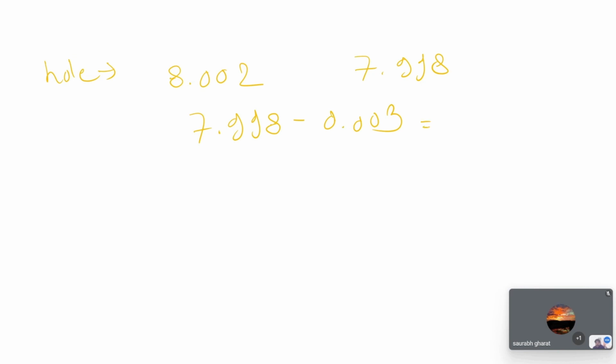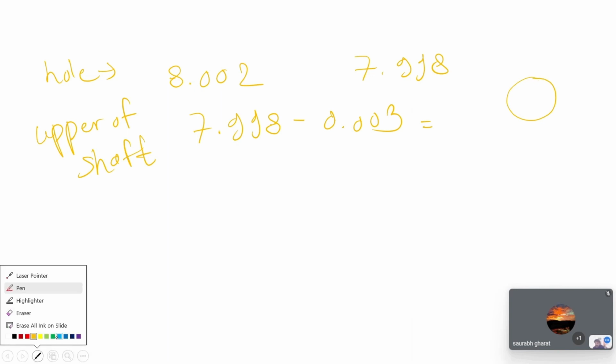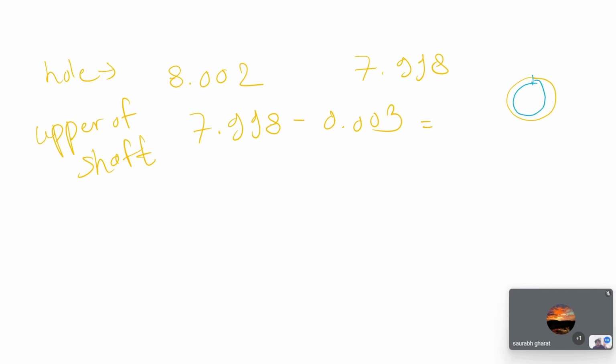Okay. So from that, what do you get? Your upper of shaft, as you told from this part. This is your hole now, and upper of shaft must be 0.003. So what upper of shaft did you get? 7.995.